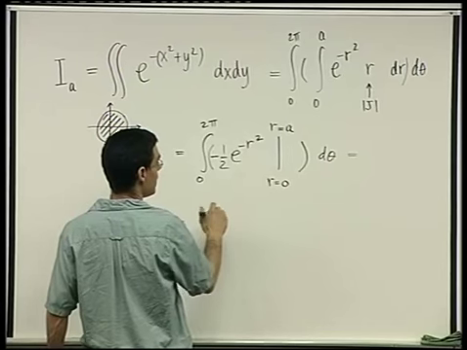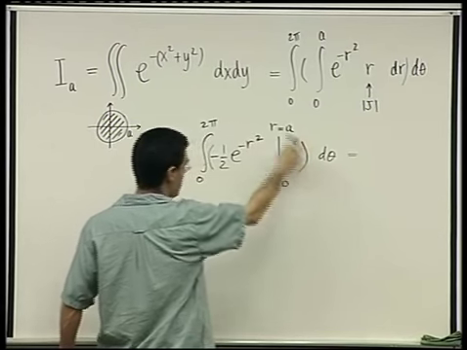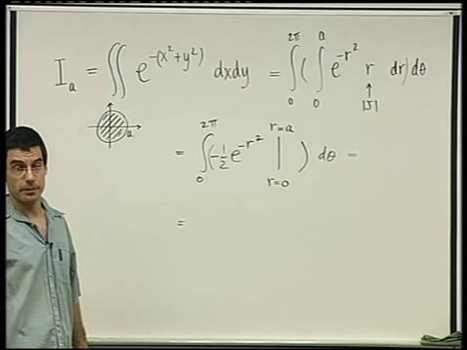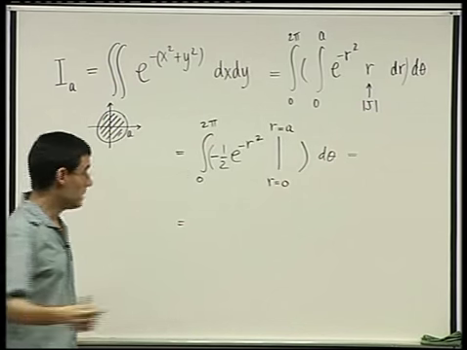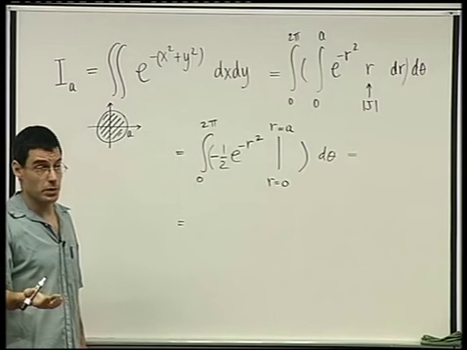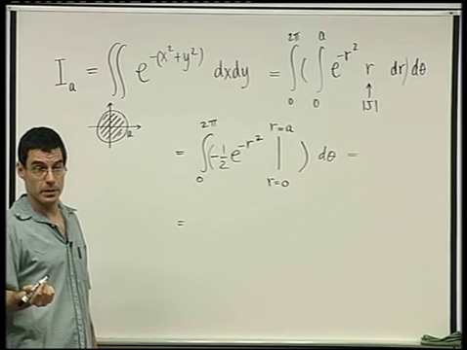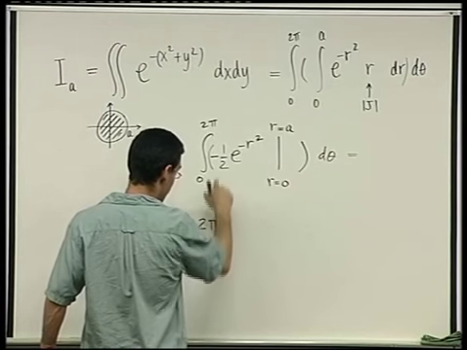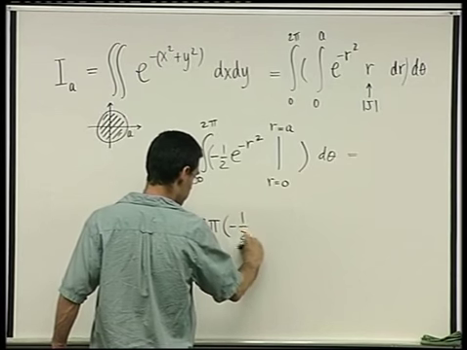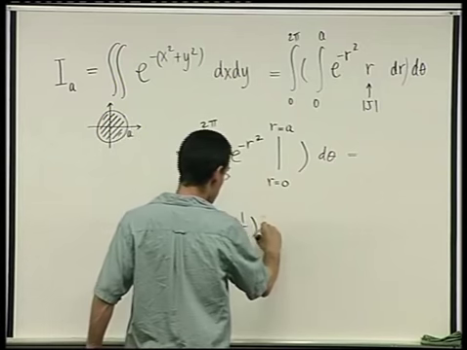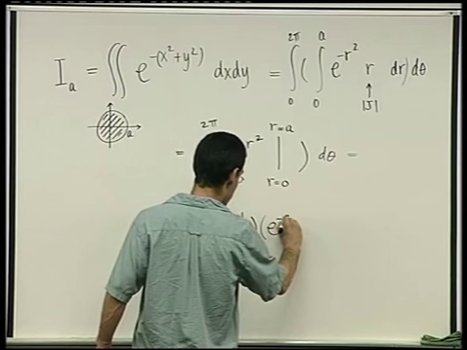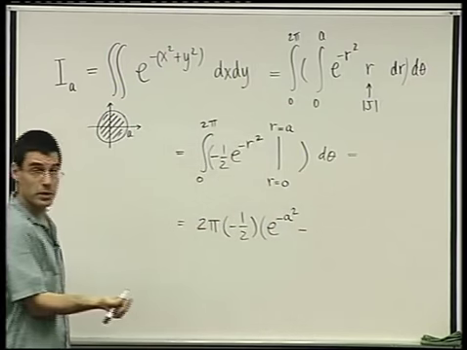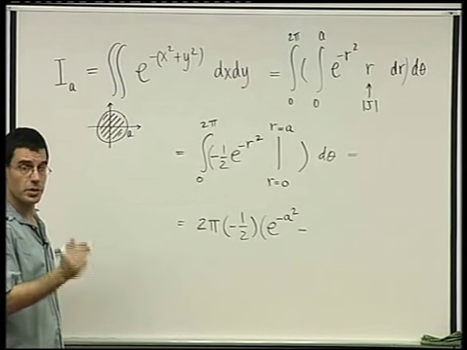So what do we get here? The integral from 0 to 2 pi d theta, there's no theta here. So the integral from 0 to 2 pi d theta is what? It's theta evaluated between 0 and 2 pi, so it's just 2 pi. Right? So there's a 2 pi times a minus 1/2 times e to the minus a squared minus e to the minus 0 squared. 0 squared is 0, minus 0 is still 0.